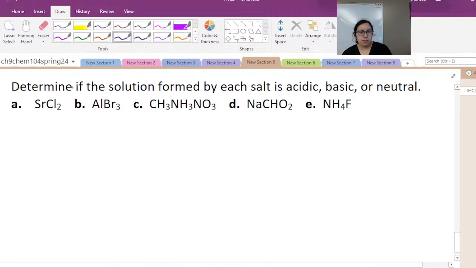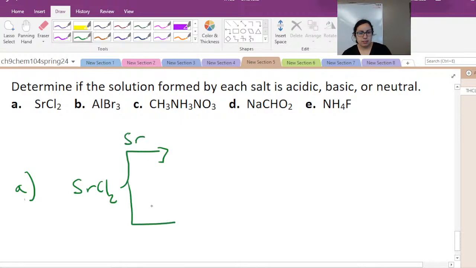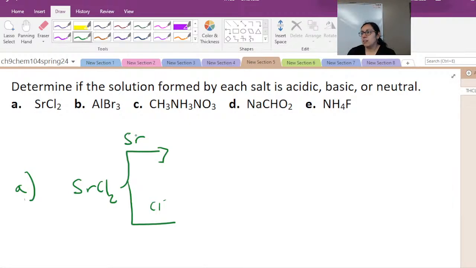Walk me through strontium chloride here. So let's do our analysis. What base is strontium paired with? Look at where it is. Don't overthink it. What do you notice about strontium, like where it is on the periodic table?